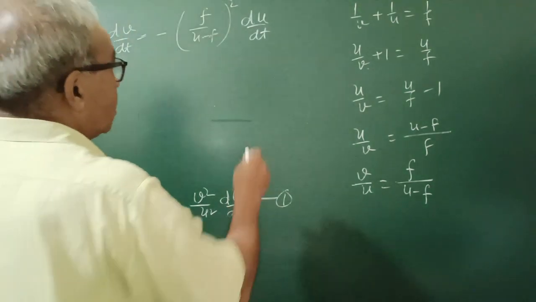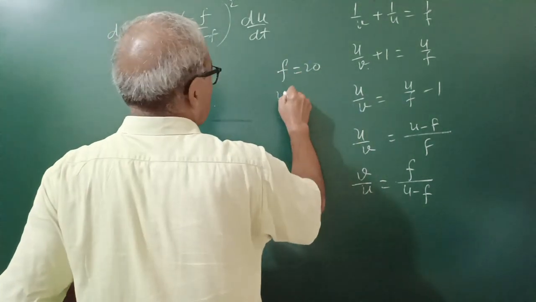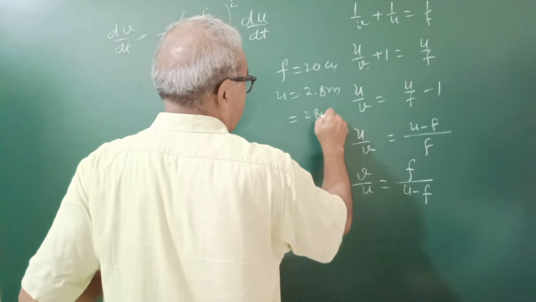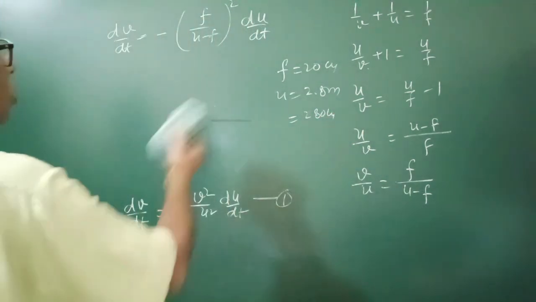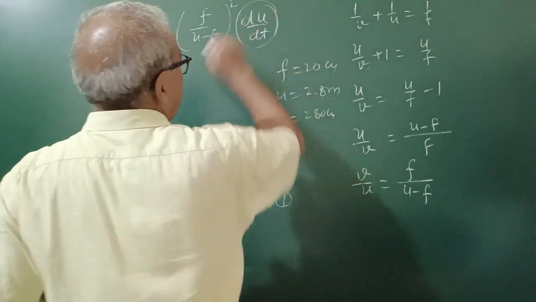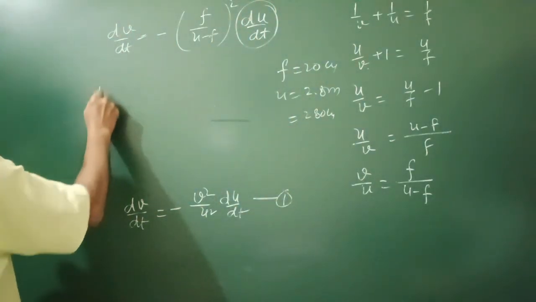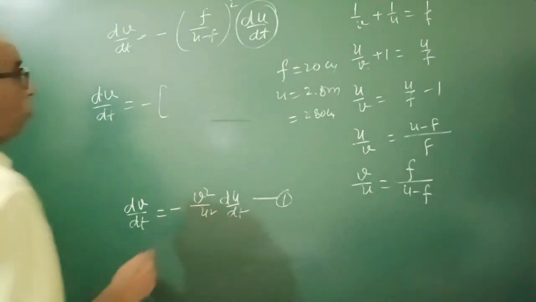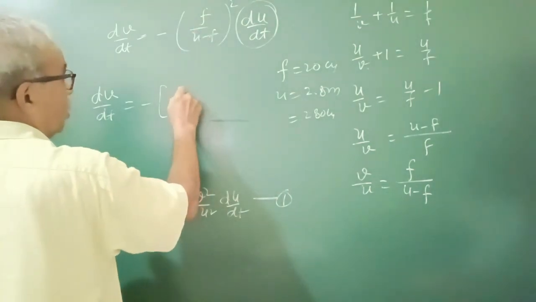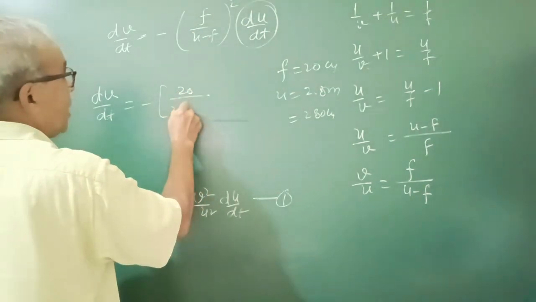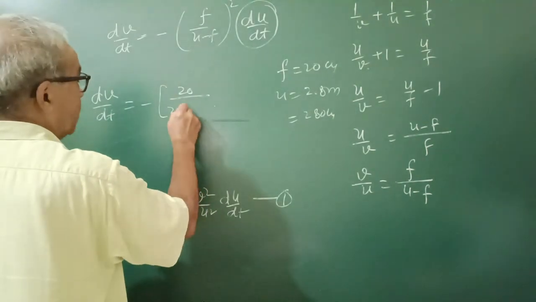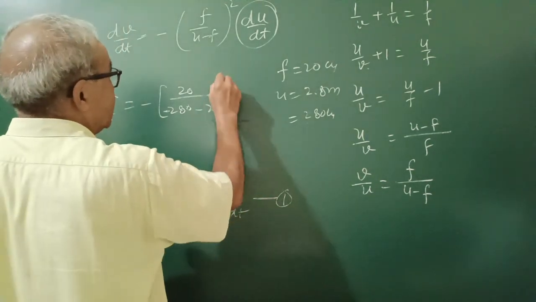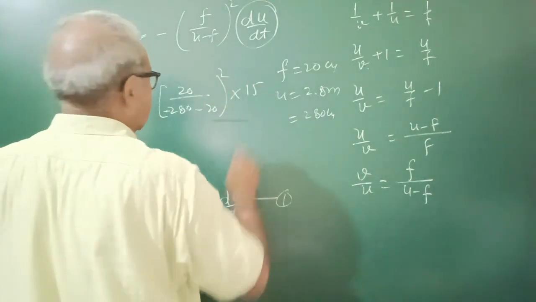So the focal length was 20 centimeter, and u was 2.8 meter, meaning 280 centimeter. Putting all the values, du over dt is again 15. So minus f upon, what is f? 20. 20, and u is minus 280, u is negative, and minus 20 whole square into 15.